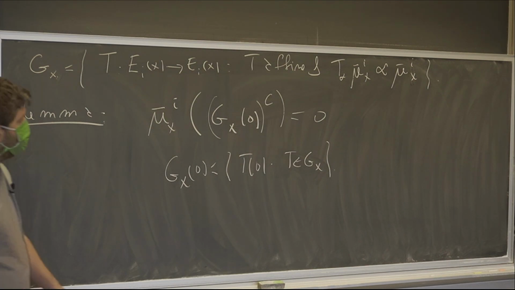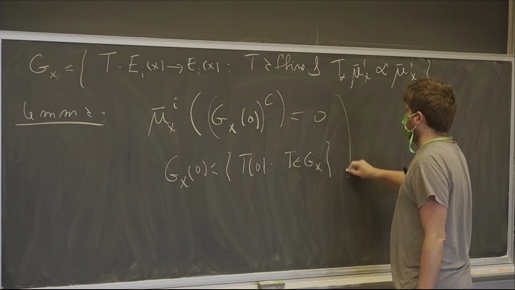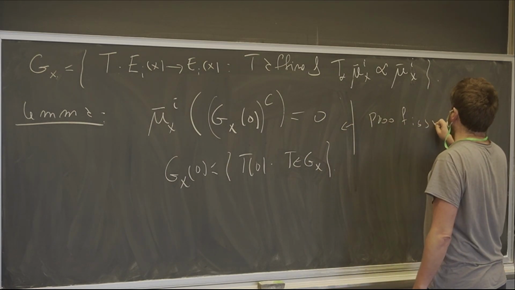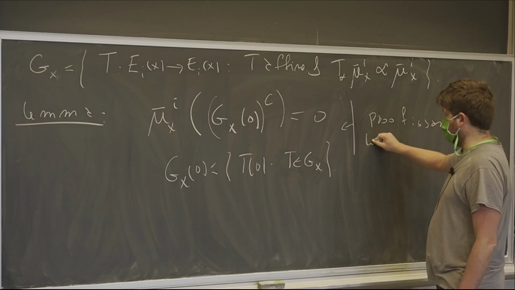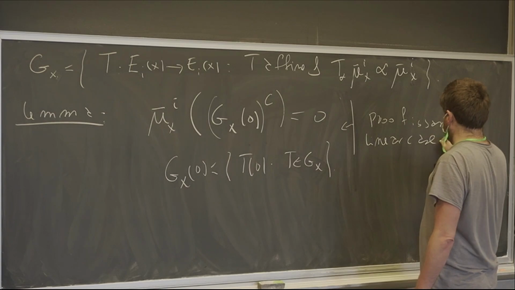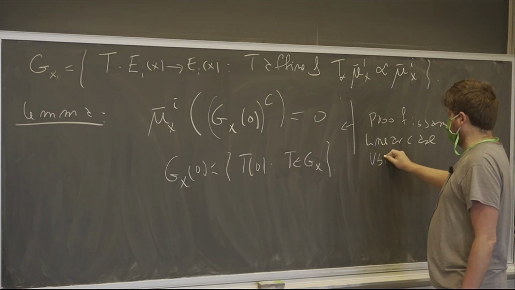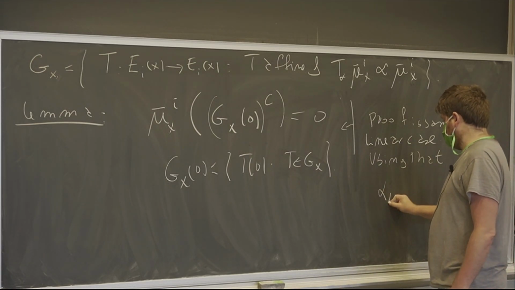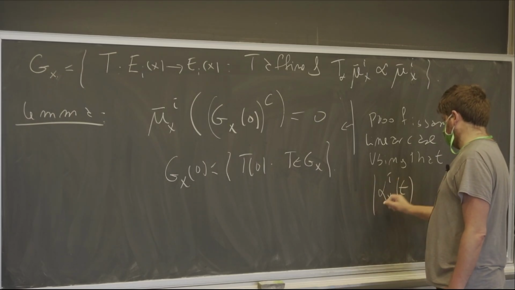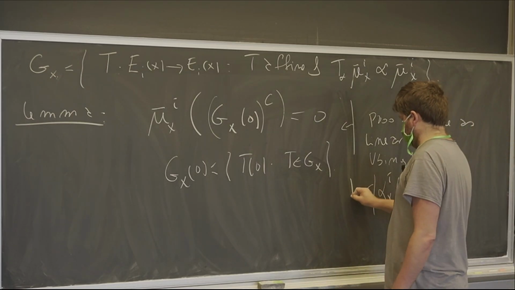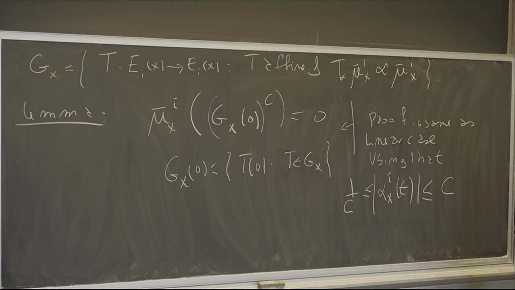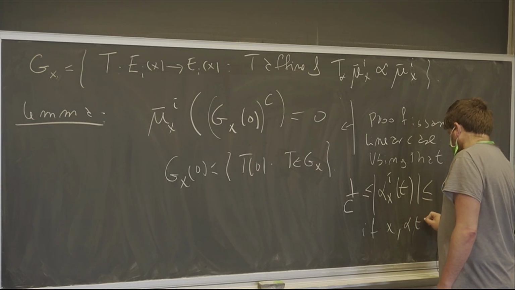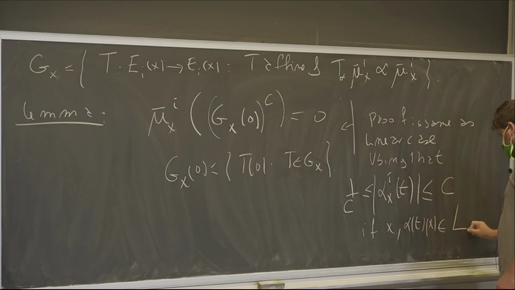So, okay, anyway. The proof of this is the same as in the linear case, but using this bound, if x and alpha t of x are in this Lusin set.